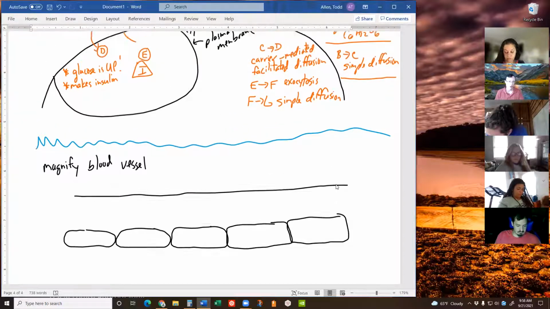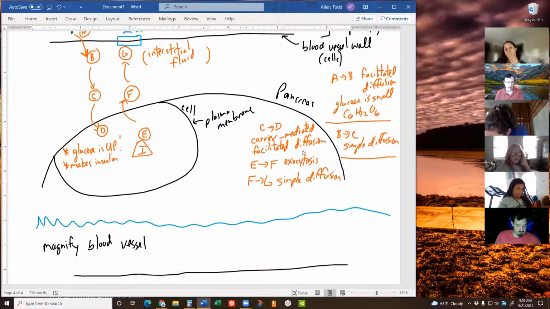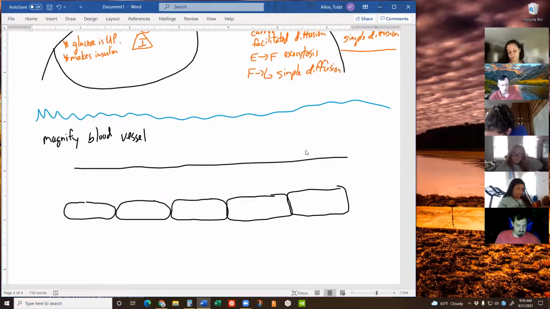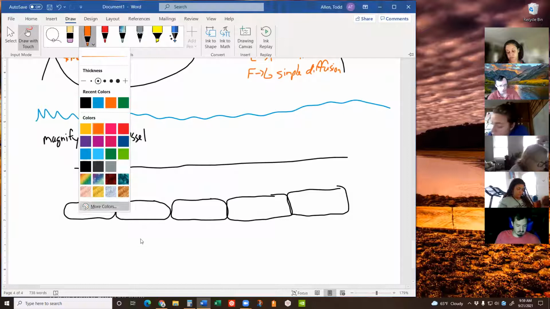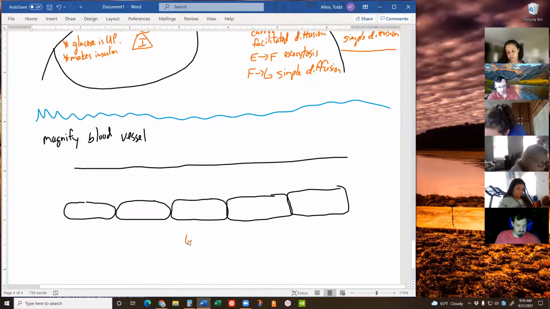Okay, and so we have insulin at location G. I'll go back to my orange. So we have insulin at location G, right? Insulin is here.